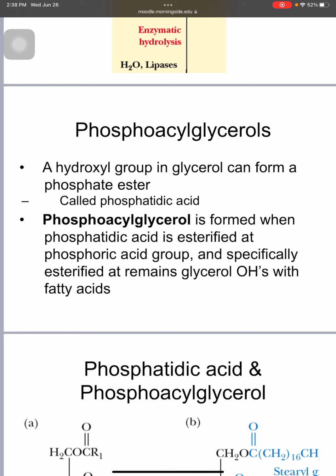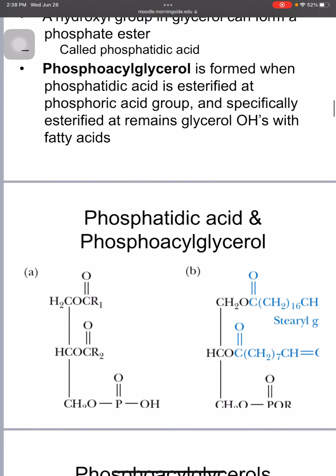Because we have several other important lipids that we can look at. A lot of these have subcategories. First one that we're going to be looking at is something called a phosphoacylglycerol. All right, so let's just say that you had glycerol.